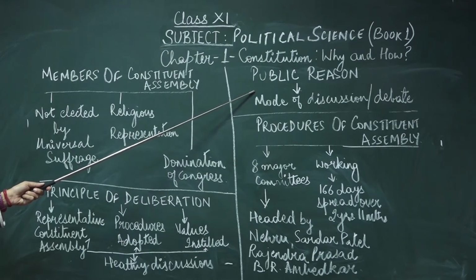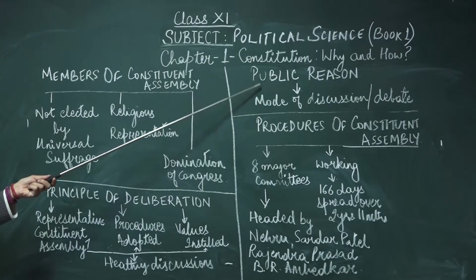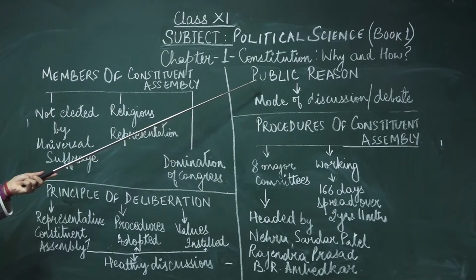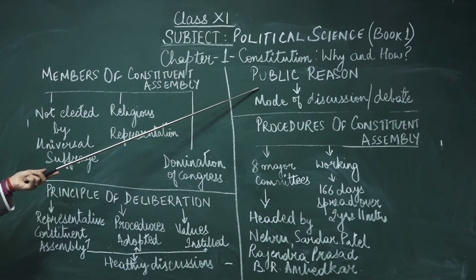Why are they not following a particular provision, or why do they want some changes in that provision, that was nicely discussed and presented in front of the committee. That was public reason, the mode of discussion and debate which brought forward all the loopholes in a point and which gave a sense of knowledge to all the people.